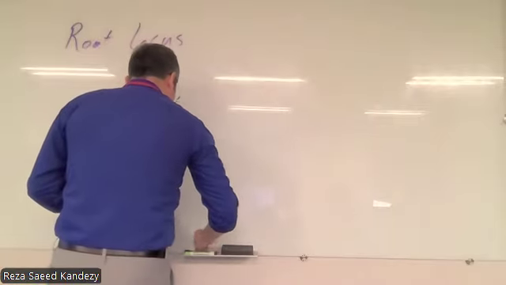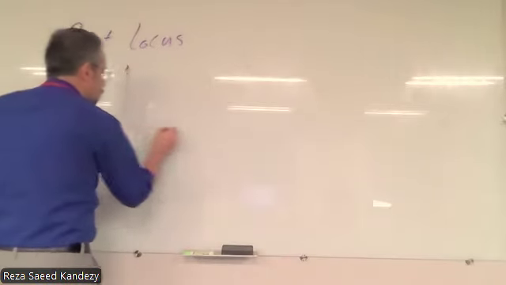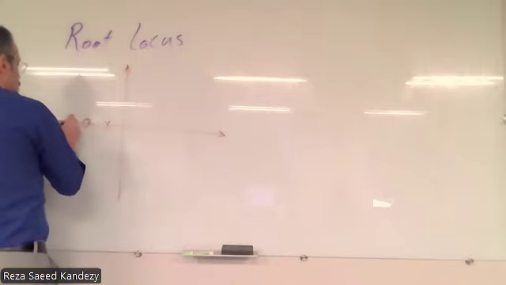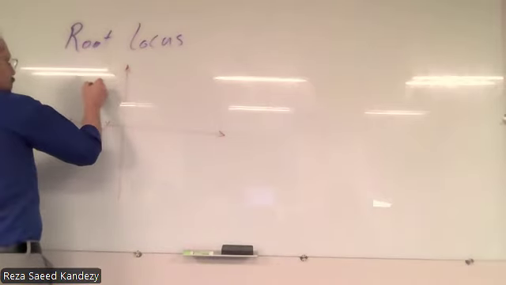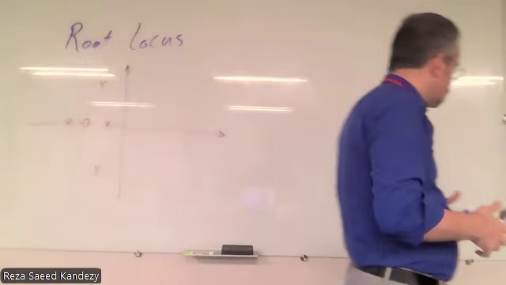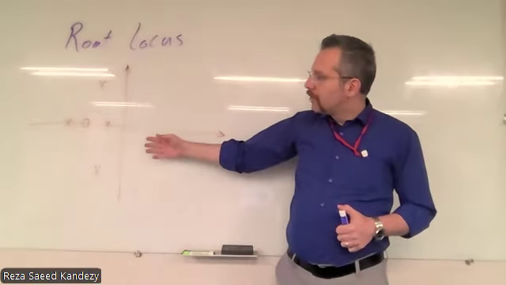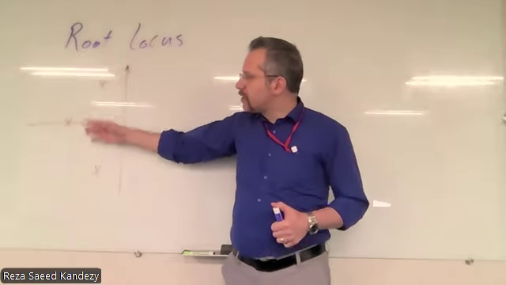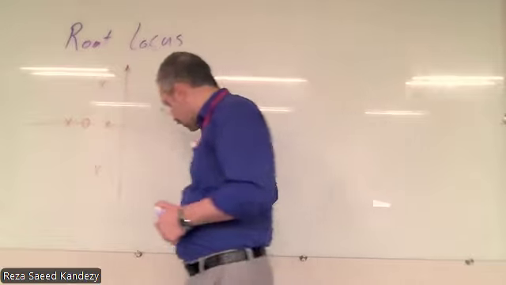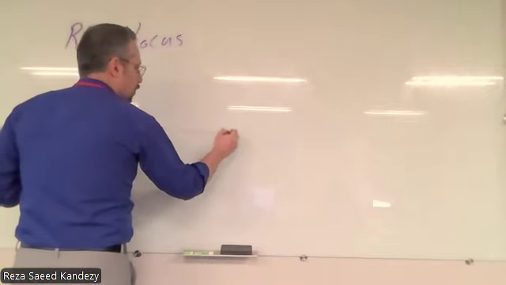We said that when we wanted to show the roots and zeros, let's say this is an example of zeros and poles, we can use the graph and place the poles in a real-imaginary system. So this is the imaginary axis, this is the real axis.